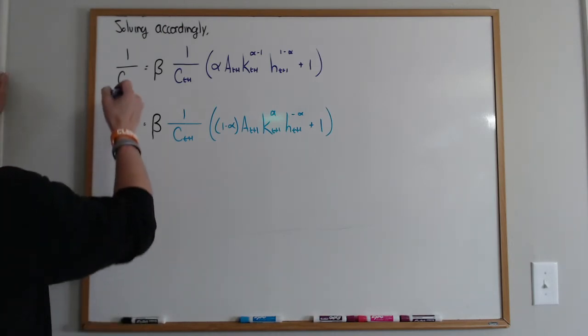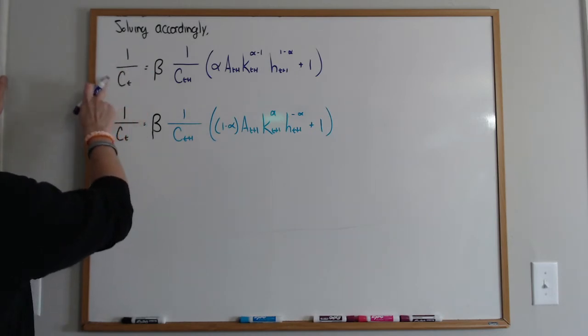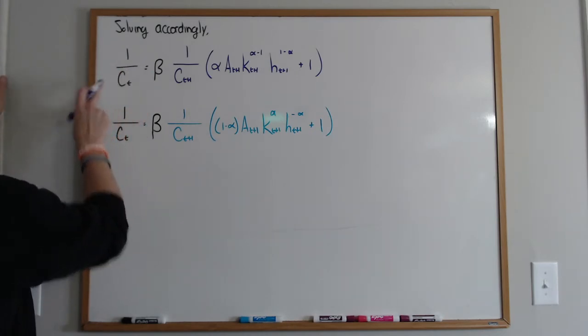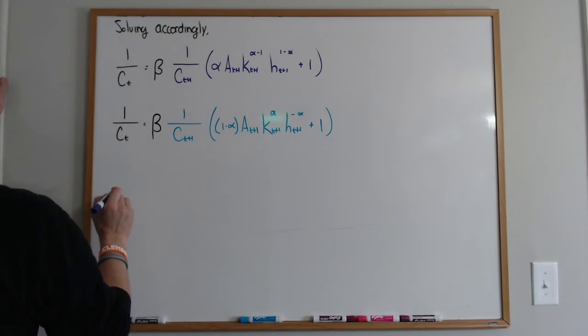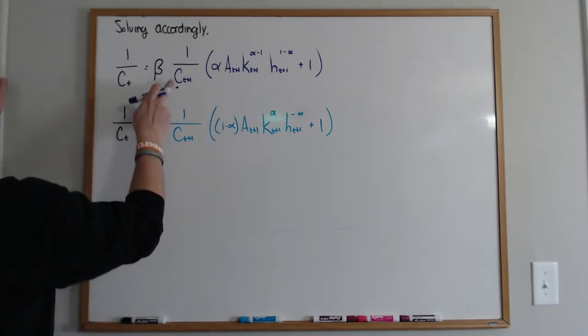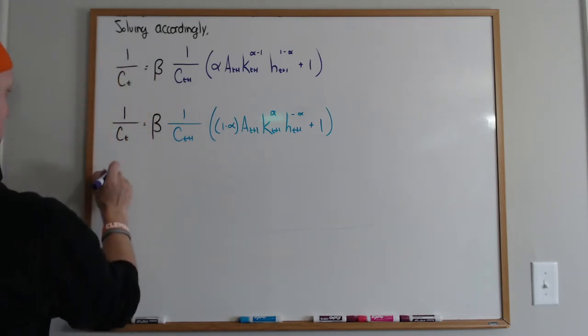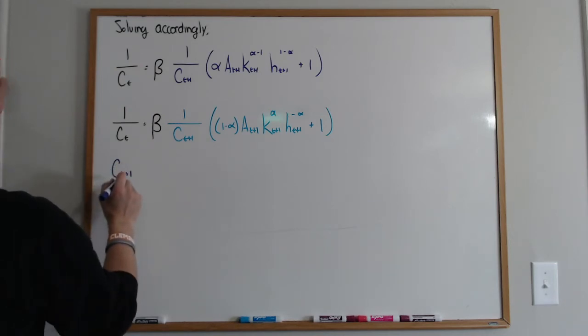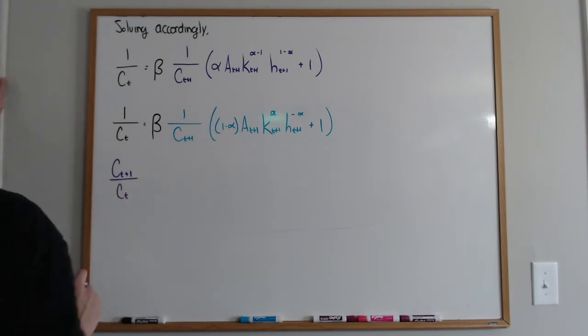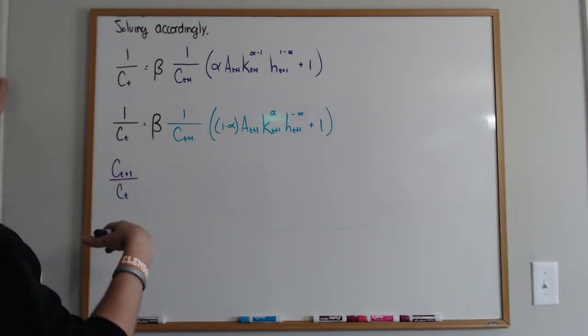So for this equation, what we would get is, if I multiplied both sides by CT plus 1, I'd get CT plus 1 over CT. But I need to divide both sides by beta.